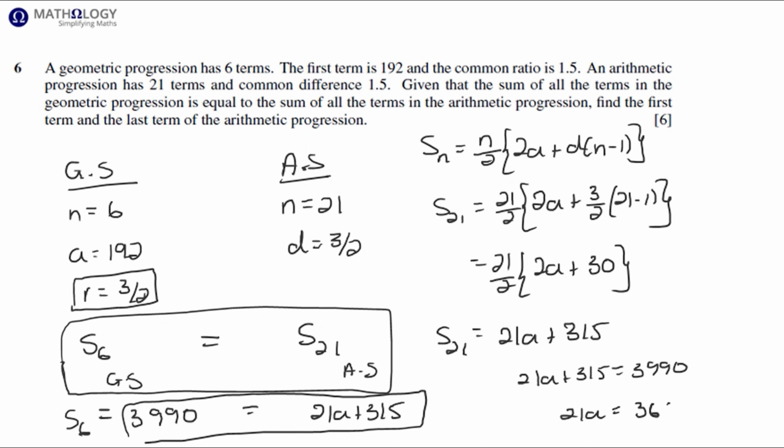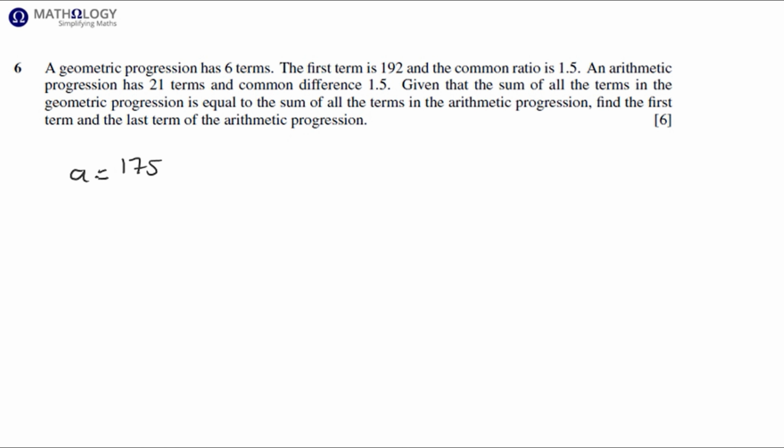which means 21a equals 3675, which means that a equals 175. Okay, we want the last term of the arithmetic progression, so we're looking for term 21, which equals a plus 20d.